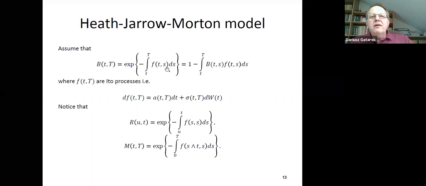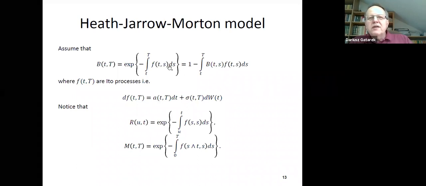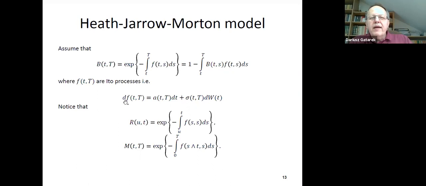F is logarithmic derivative of zero coupon bond prices, called forward short rates or forward rates, and they follow Ito dynamics.